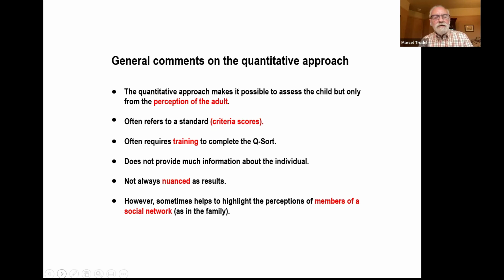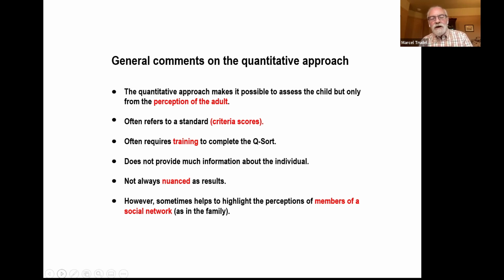General comment. I go fast because the time goes too fast. The quantitative approach makes it possible to assess the child, but only from the perception of adults. That's a great limit. Often it refers to a standard criteria score. I disagree with that, even if I use it.